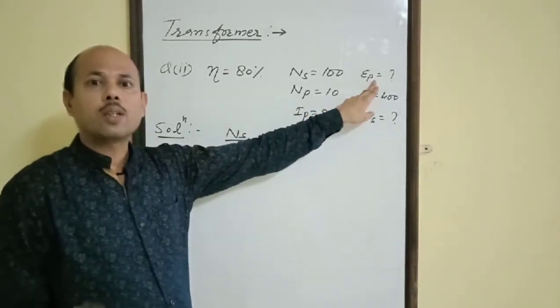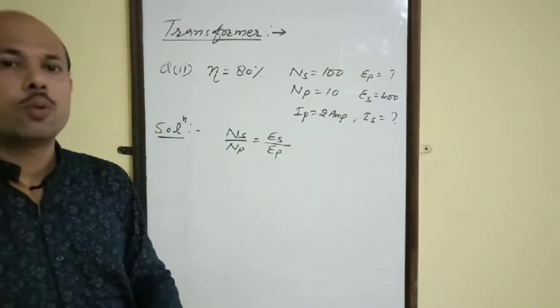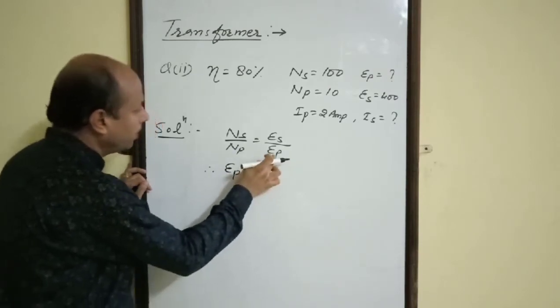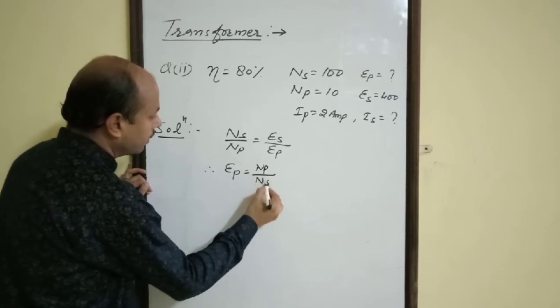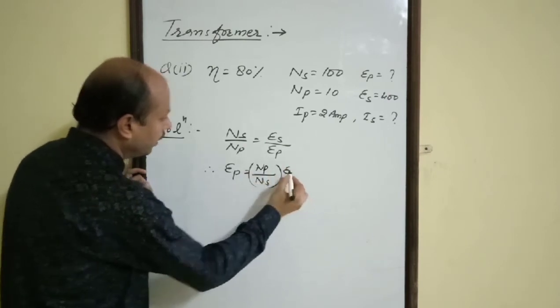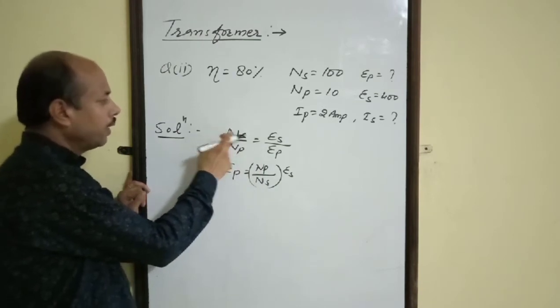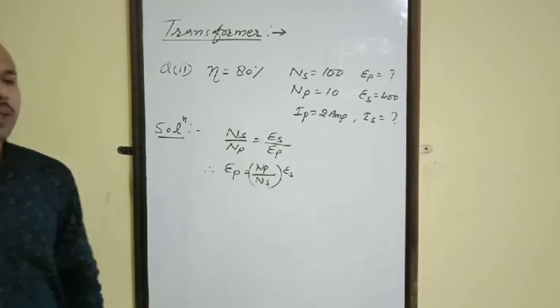We have to find out EP. It means EMF of primary coil we have to find out. Therefore, this EP can be written as NP by NS into ES.